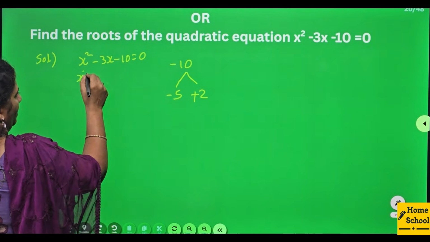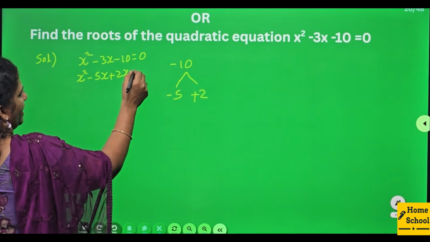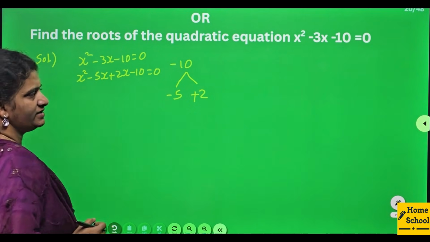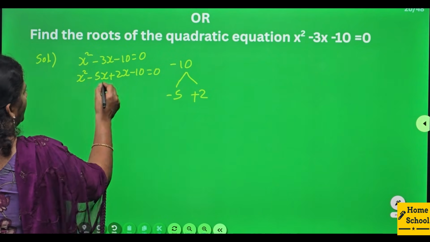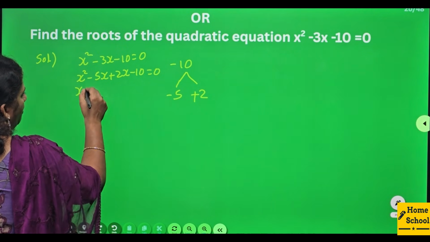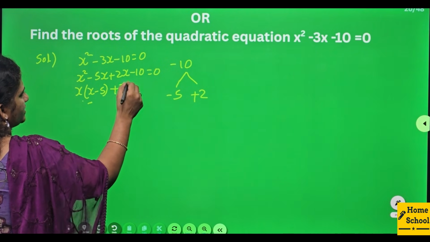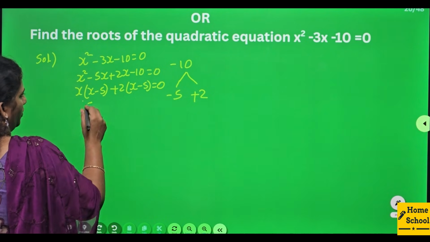X square minus 5x plus 2x minus 10 equal to 0. Instead of minus 3x, we are going to write minus 5x plus 2x. In these two, x is common: x minus 5. And here 2 is common: x minus 5 equal to 0.